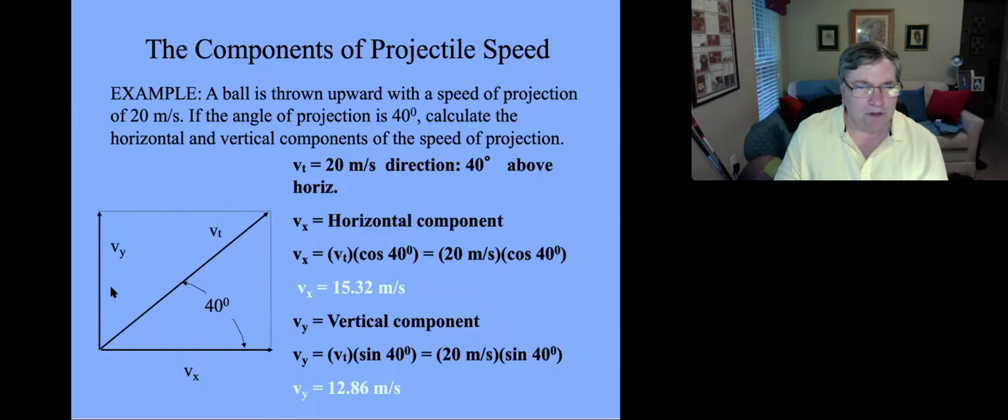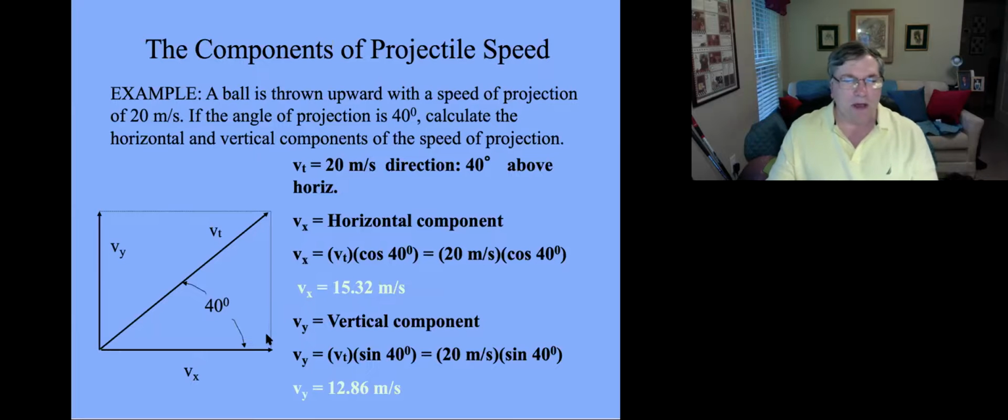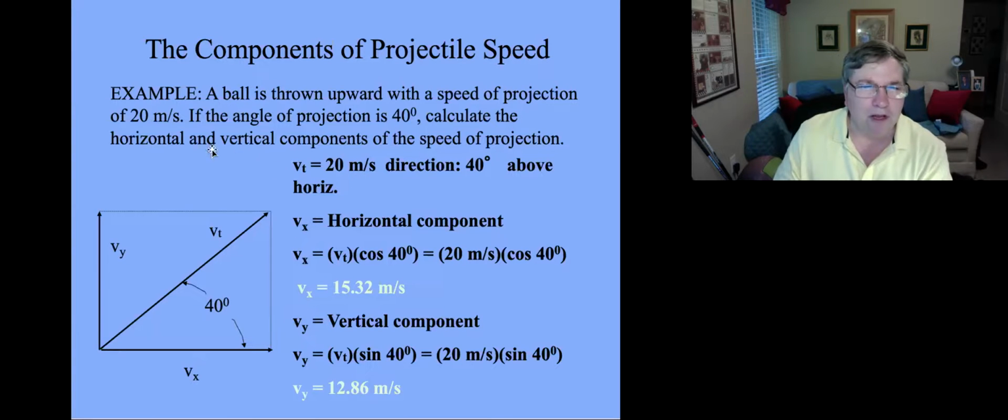So we can resolve the vector, and actually using some right triangle trigonometry, we can calculate, let's say for a ball that's thrown at 20 meters per second at an initial projectile angle of 40 degrees, the x component using cosine, because the vx side is going to be next to that 40-degree angle. So we can use cosine to solve for that. And the vertical component will be opposite that 40-degree angle. So we can use sine to solve for that.